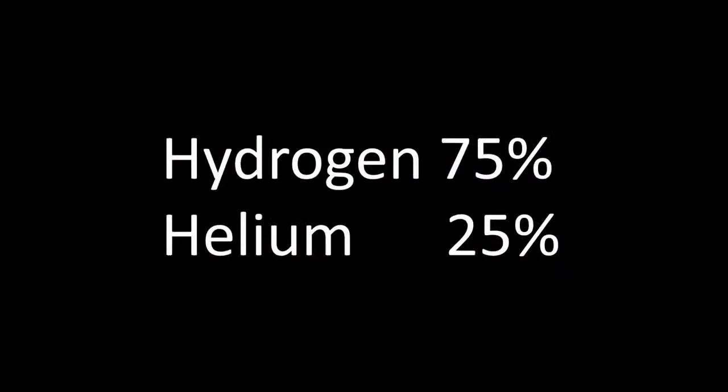Where do they all come from? Hydrogen is the first and the lightest of the elements in the periodic table. All the hydrogen that is in the universe was created in the Big Bang, the very beginning of the universe, along with some helium at a ratio of 75% hydrogen and 25% helium, and this ratio can still be seen in the composition of stars today.